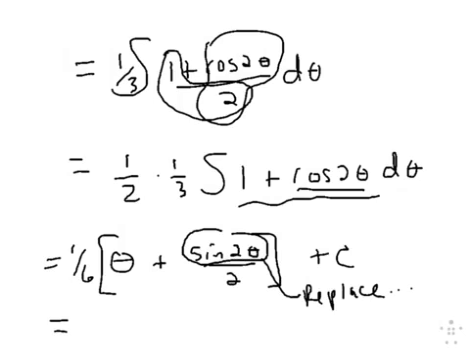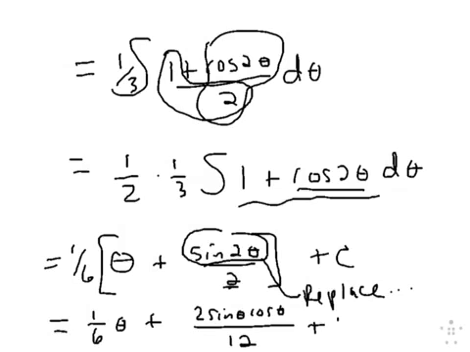So we can replace sine 2 theta with 2 sine theta cos theta. So then we're going to have 1/6 theta plus 2 sine theta cos theta over, 2 times 6 is 12, so that'll be over 12, plus c.